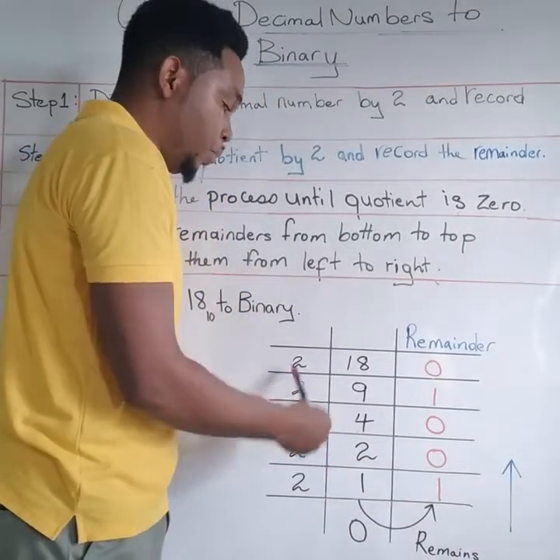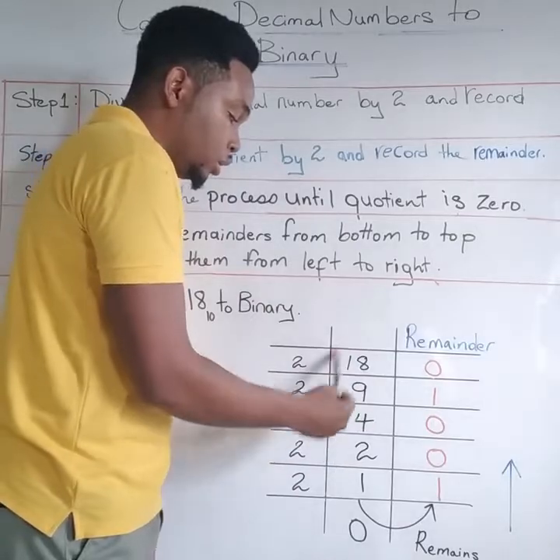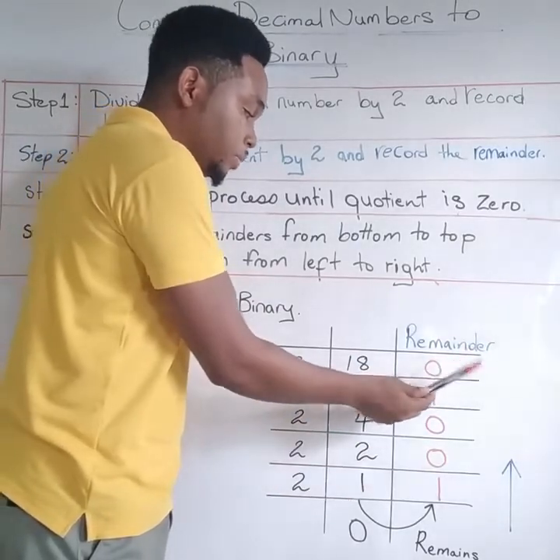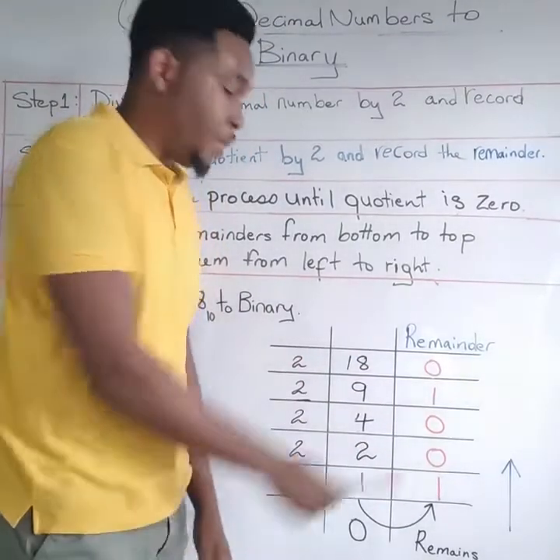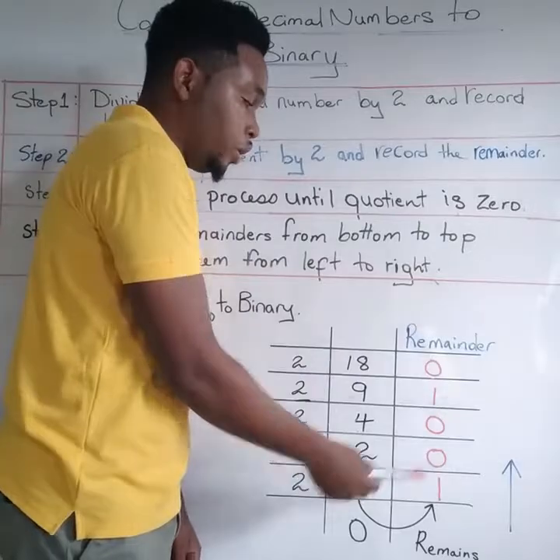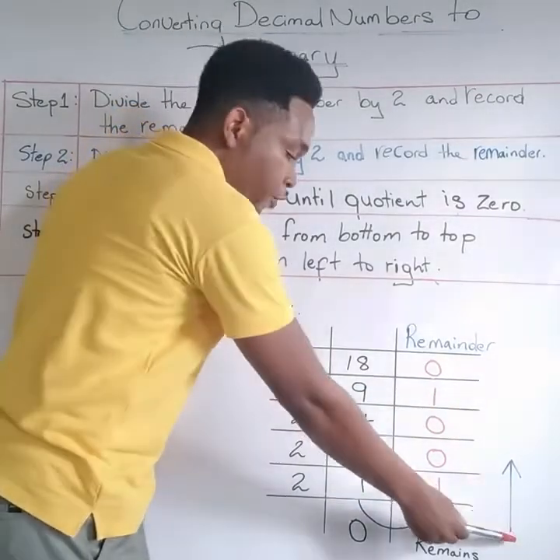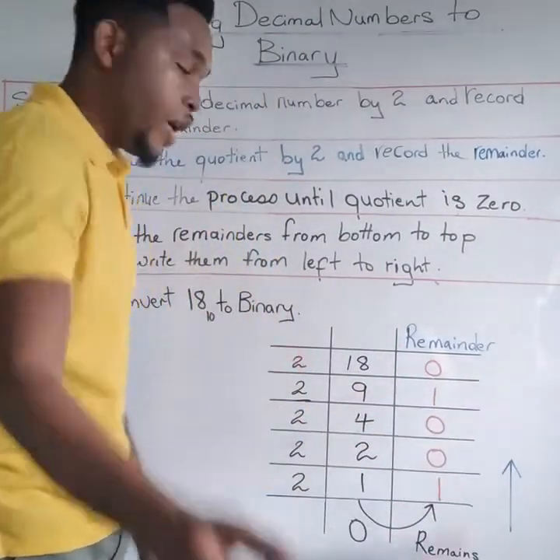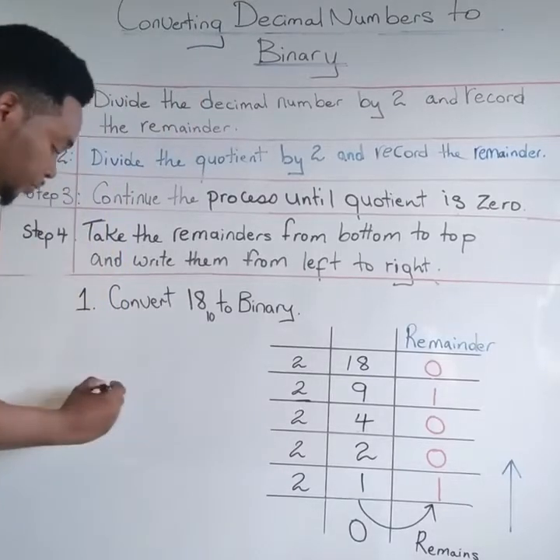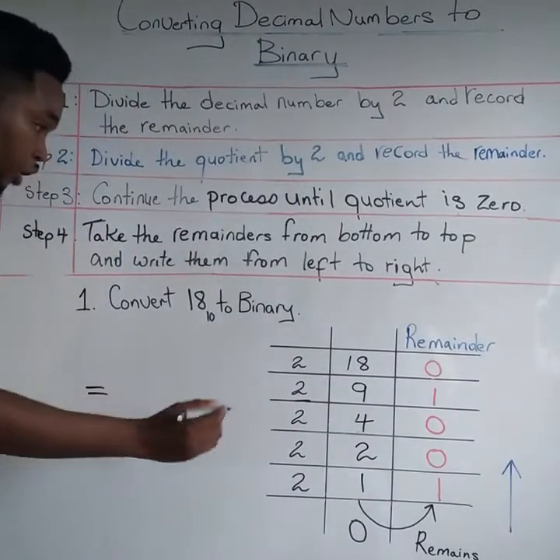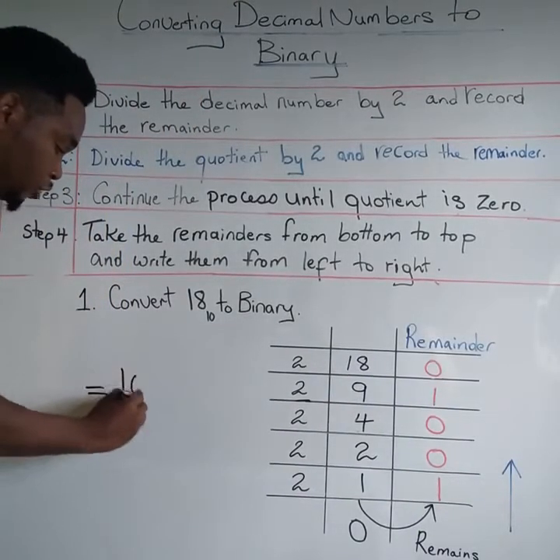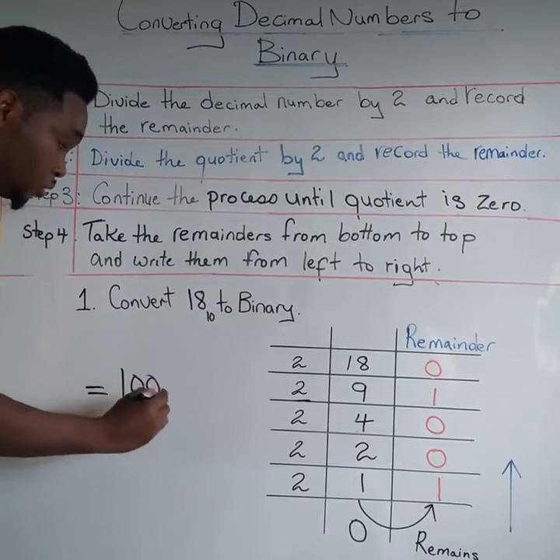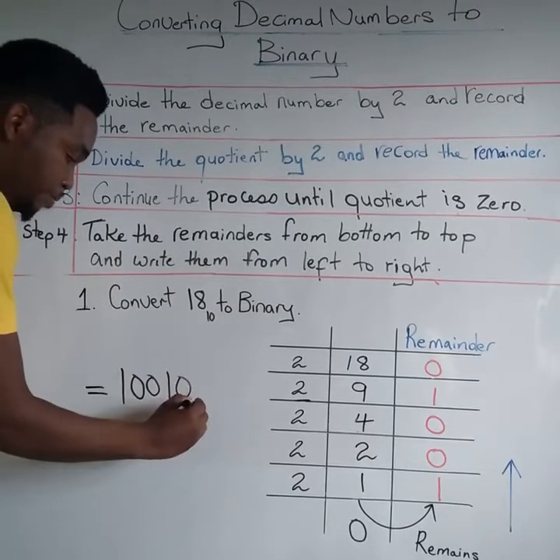So we would complete changing these numbers to our binary equivalent. The final step now is to write from the bottom up and from left to right. So we're going to write down our answer here. It is 1, 0, 0, 1, 0 in base 2.